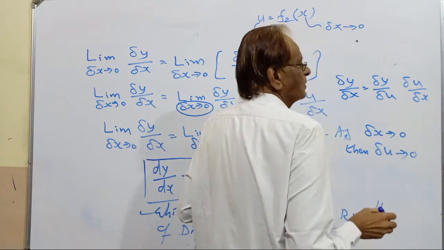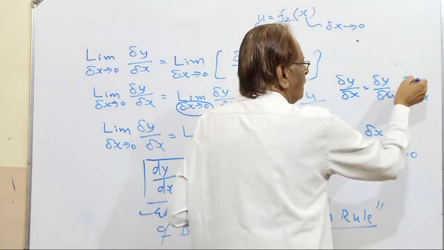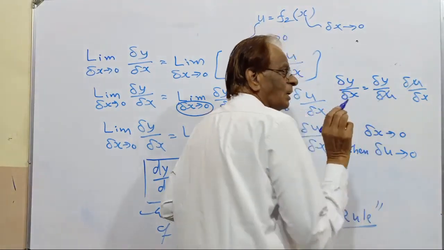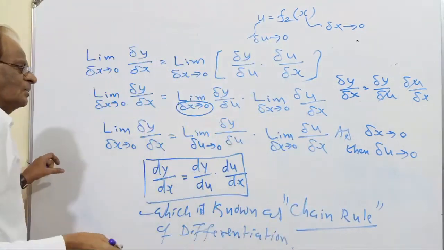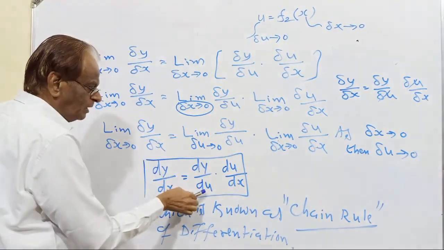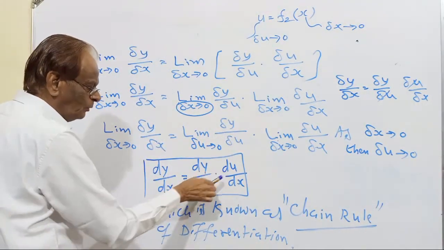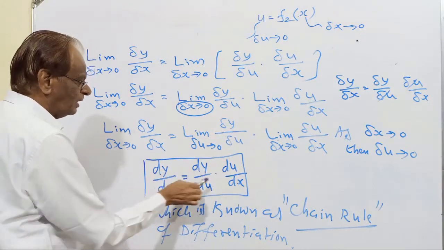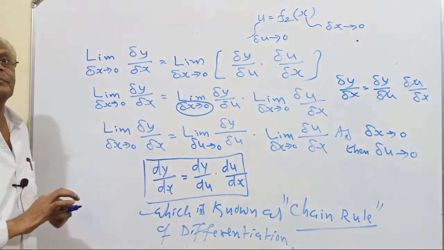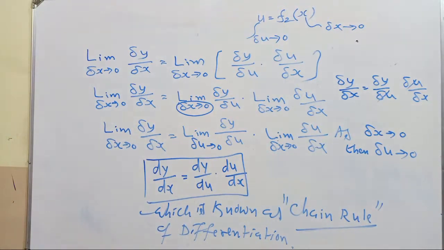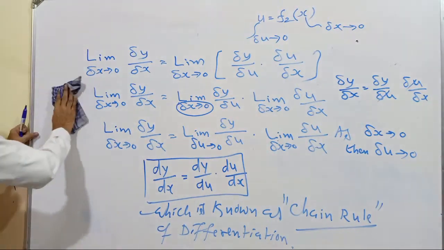Here we can separate: delta u cancels, it is delta y by delta x. But here it is not like that. Dy is not separate, du is not separate. It is not that du cancels so that it is dy by dx. Don't read it like that. That is what this rule says.